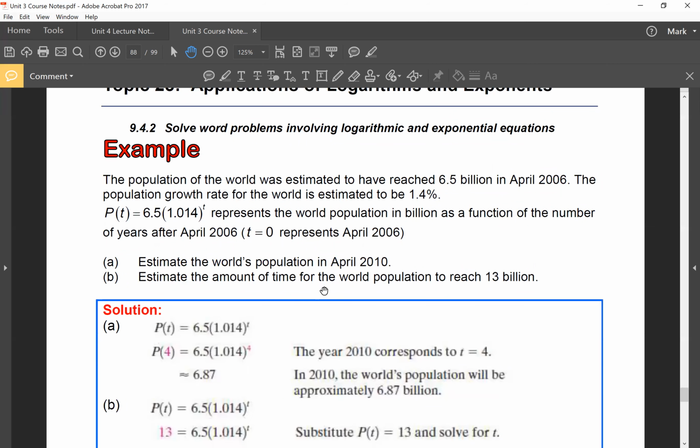Now, the cool thing about this example is there's nothing new. We're going to take all of the properties of logarithms we've been learning for the last week or 2 weeks and apply them to what's kind of like a word problem.